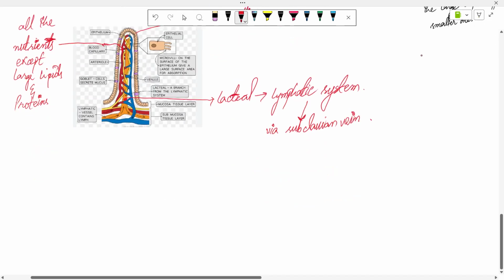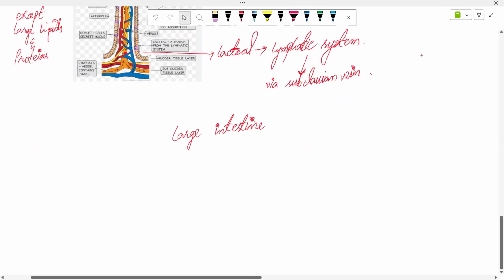After the absorption, the next part is the large intestine. In large intestine, there are some bacteria for the production of vitamin K that helps in the absorption, and mainly the main function of the large intestine is the absorption of water.